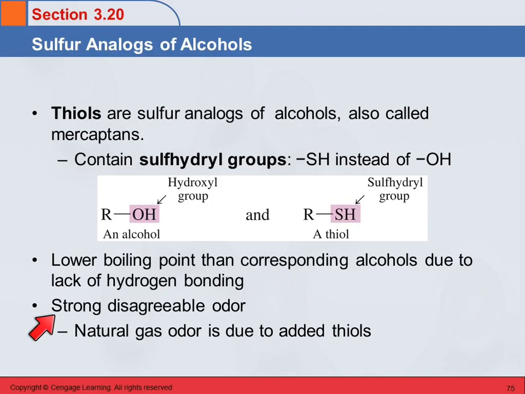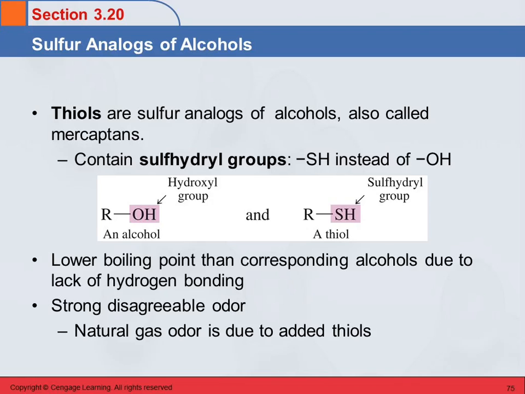They stink. Okay. Natural gas, like the gas we have in the jets here for our Bunsen burners, has an odor, right? That odor is not the odor of methane. Methane doesn't have an odor. Methane is natural gas. But you don't really want flammable gases that you can't detect without equipment floating around in your room.